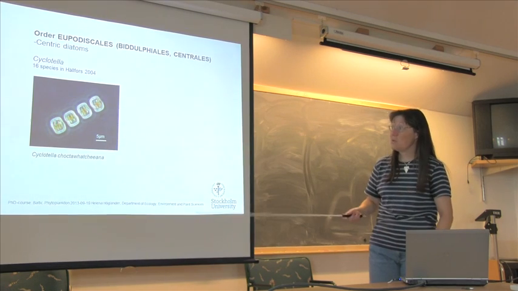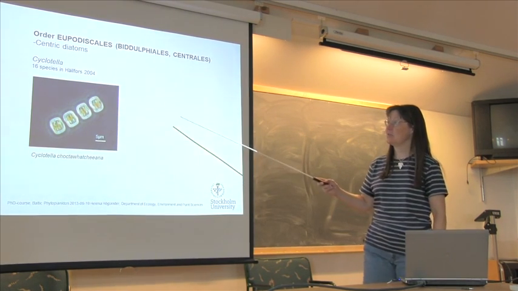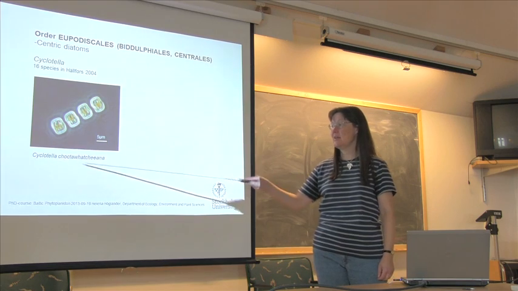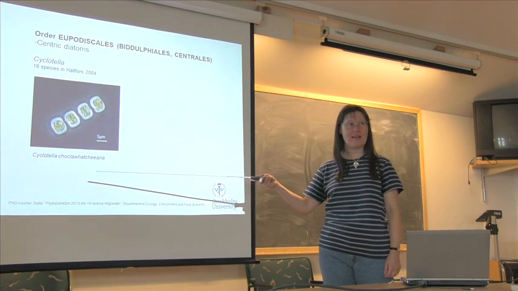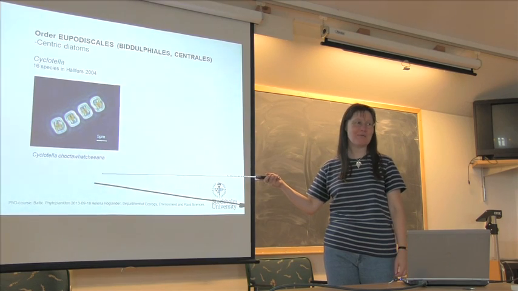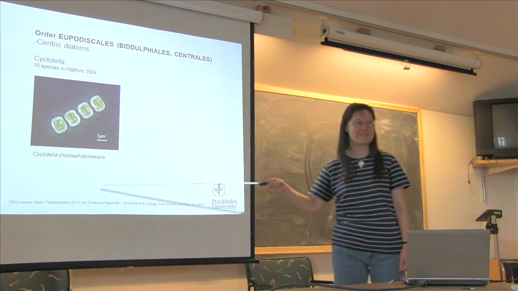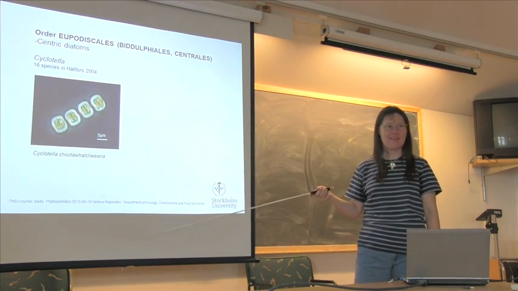And then we have a very small species. This Cyclotella, there are a lot of different species in it, but we have one species, Cyclotella choctawhatcheeana. I hated to spell it every time because it has too many A's and it took some time just to figure out how to spell it.